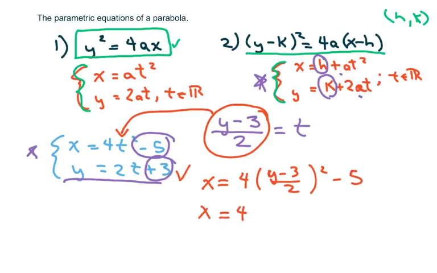This will be 4 times y squared minus 6y plus 9 over 4, minus 5. So basically the 4's cancel.